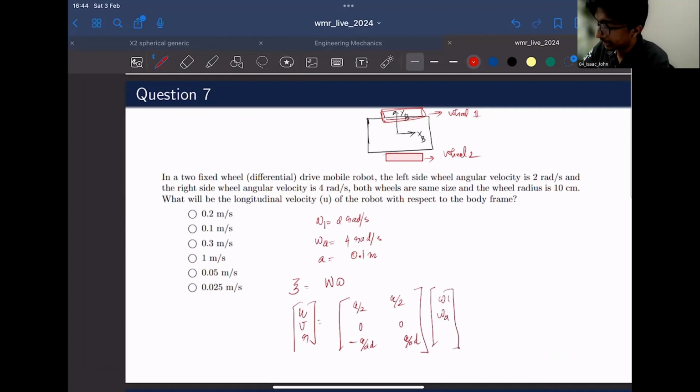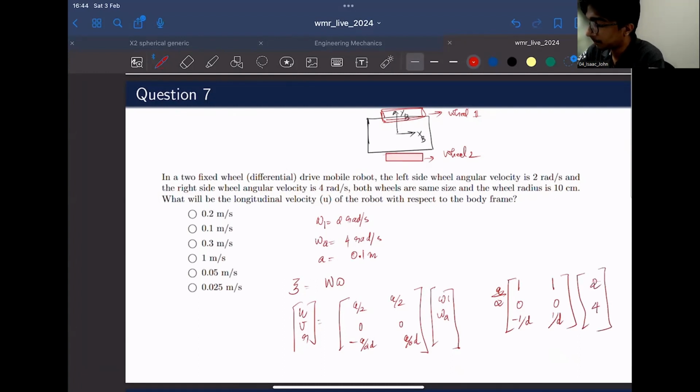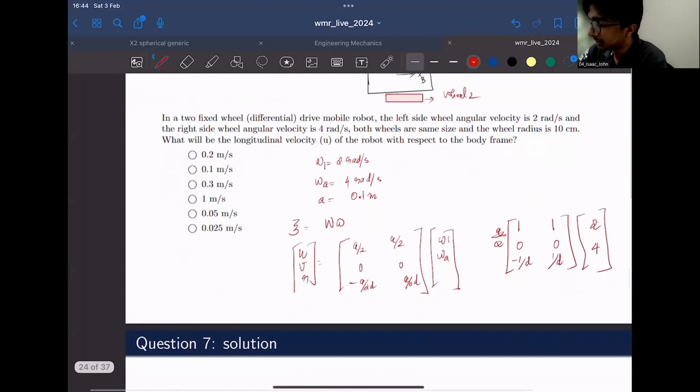So if this is the case, I can also take this A by 2 as outside. So you will end up with 1, 1, 0, 0, minus 1 by D, 1 by D. And if you multiply this with the given angular velocities 2 and 4, what will you get?